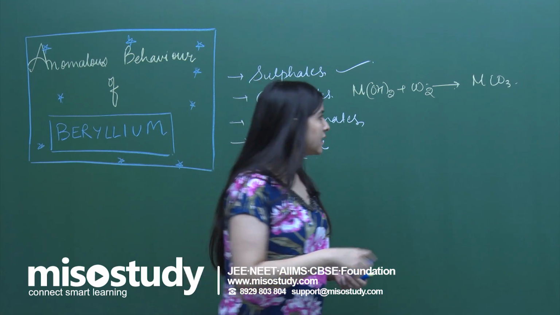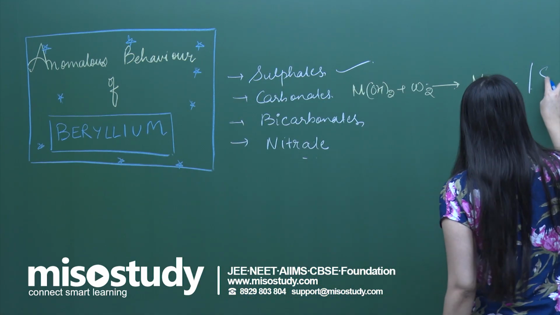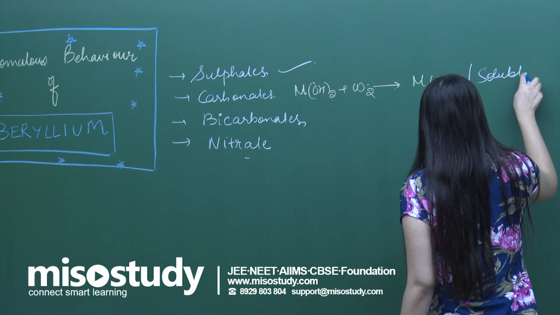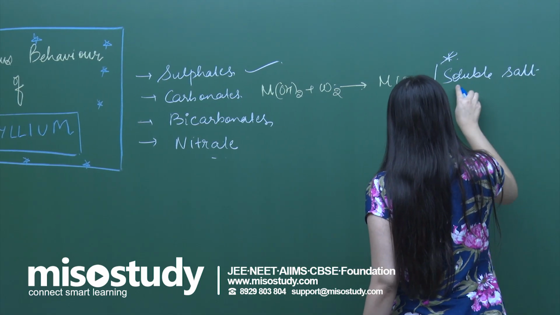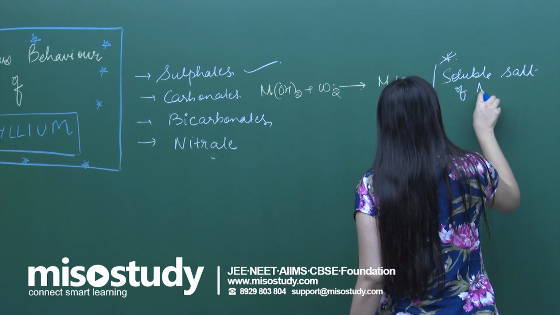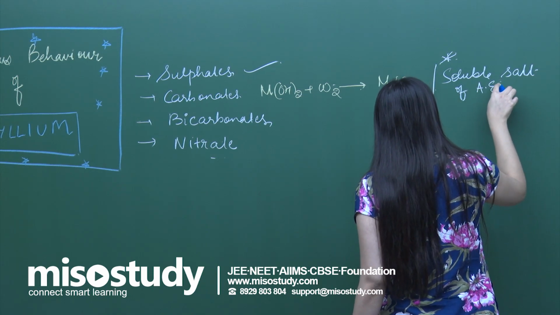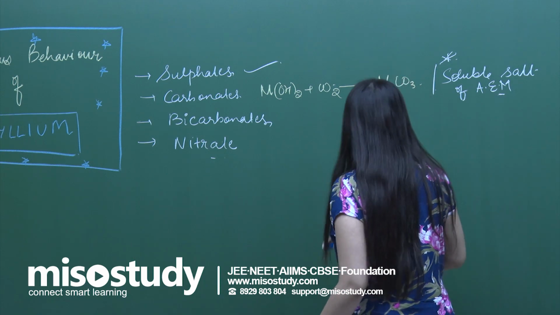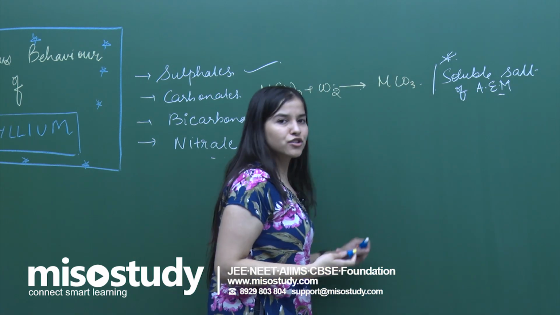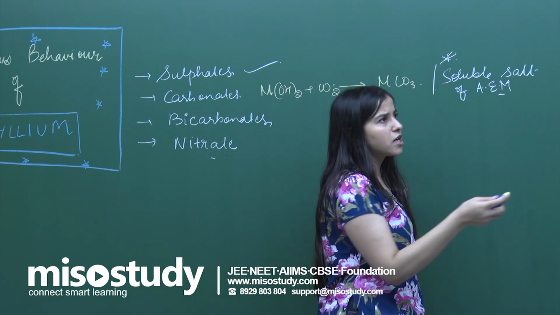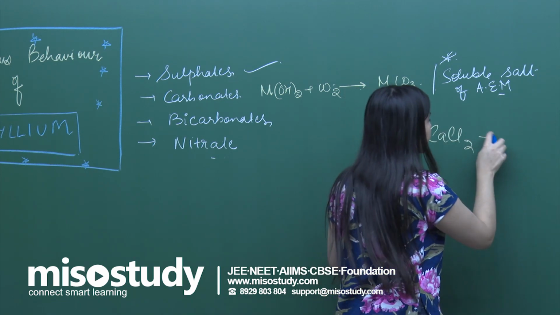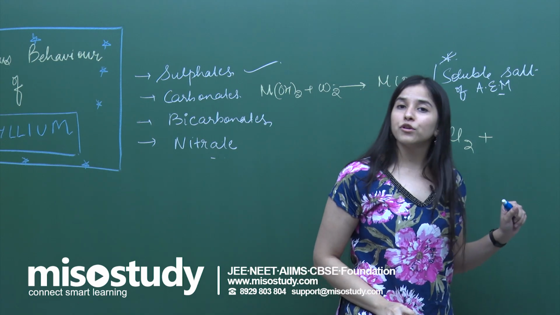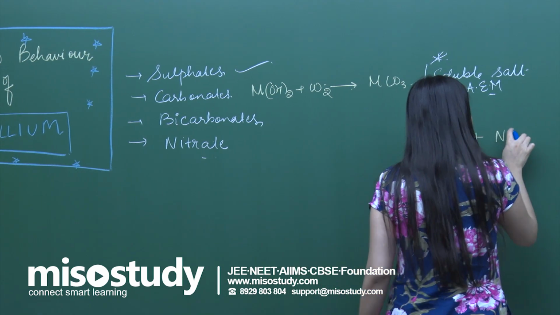And yes, there is another method of preparation for these. What is that? If we take any soluble salt, just mark this, it's important. A soluble salt of an alkaline earth metal, AEM. So any kind of a soluble salt. Let's say if I take calcium chloride, it's soluble in water, and make it react with ammonium carbonate, right?